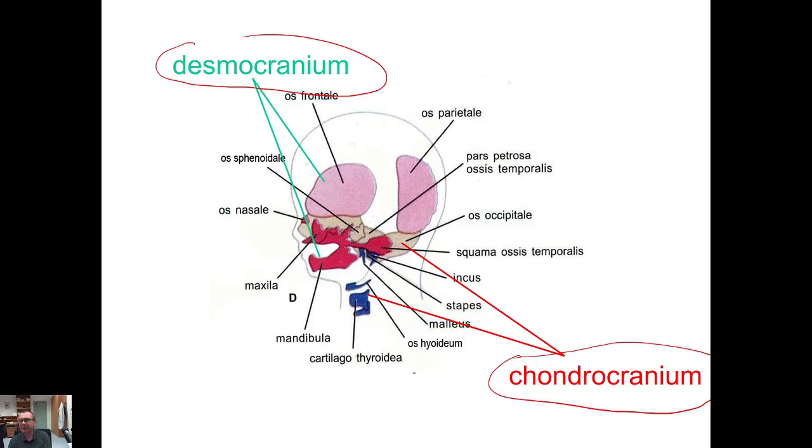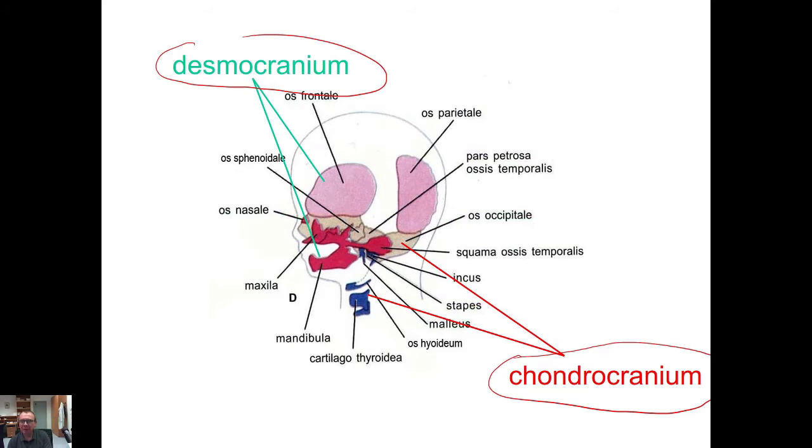Some bones are completely intramembranous, like parietal bone. Some are combined, like for example temporal bone, which has chondrogenic basis and membranous squama.